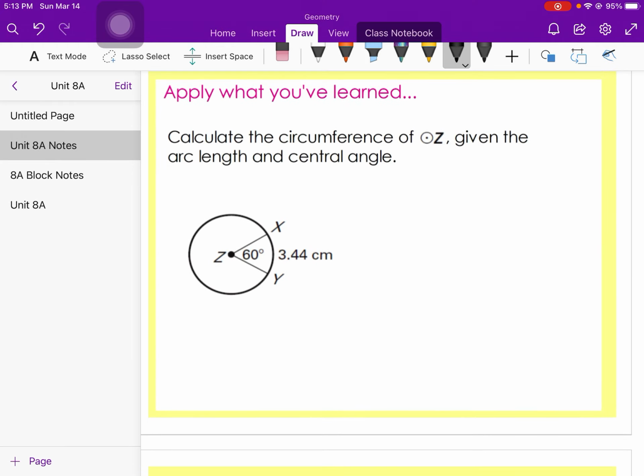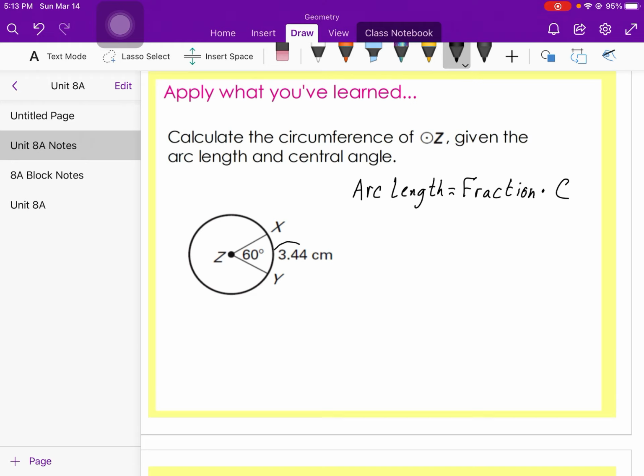All right. Now this one, we do want to calculate the circumference of circle Z, given the arc length and the central angle. So we're going to have to do a little back solving for this one. So remember the formula for arc length. This is the general formula. Arc length is fraction times, I'm just going to put C, but it's the circumference.